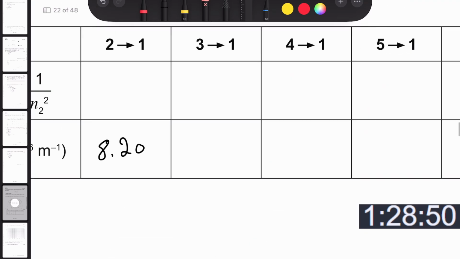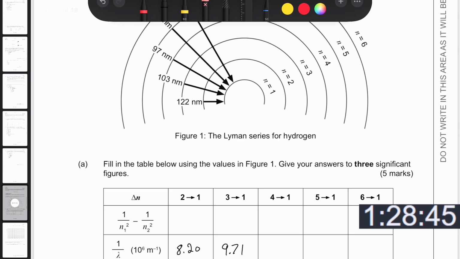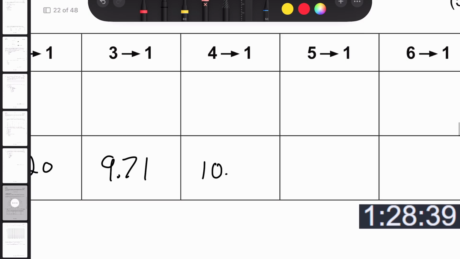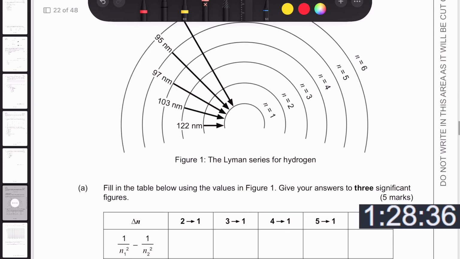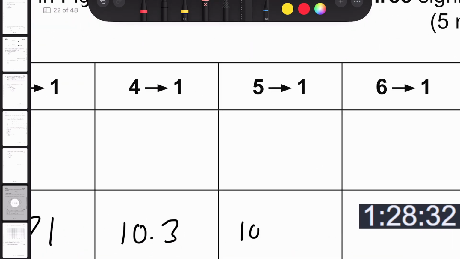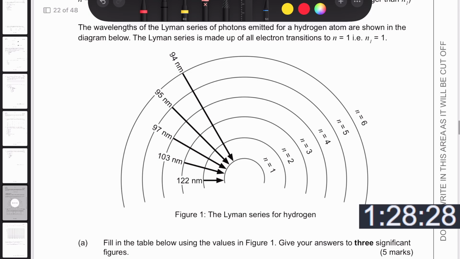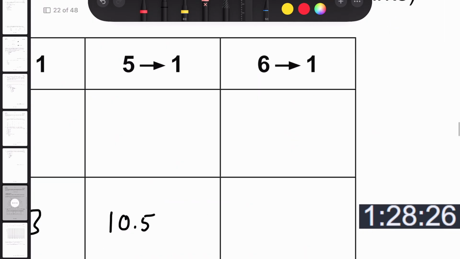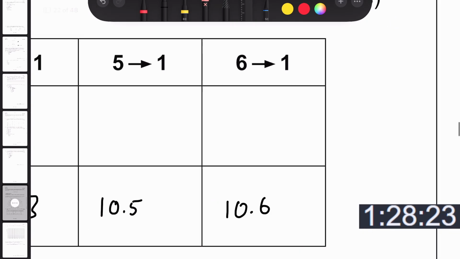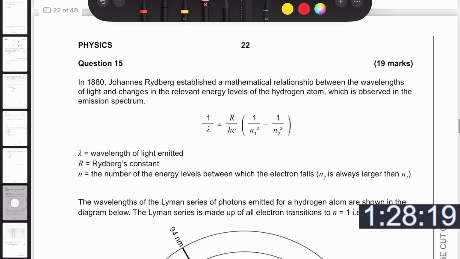So this is 9.71. 4 to 1 is 97, which is 10.3. 5 to 1 is 95, 6 to 1 is 94, which is 10.6.